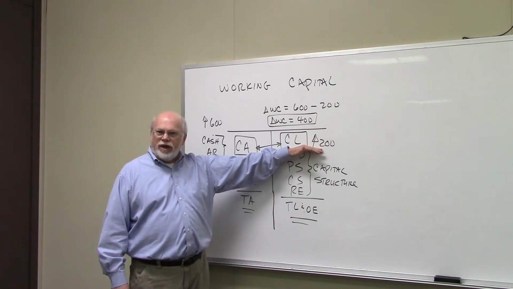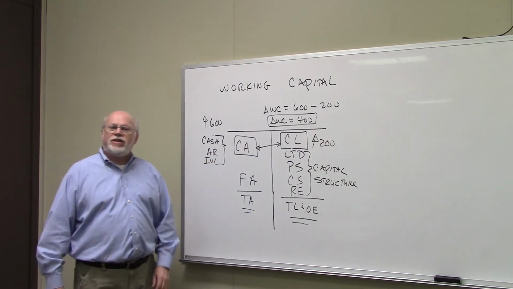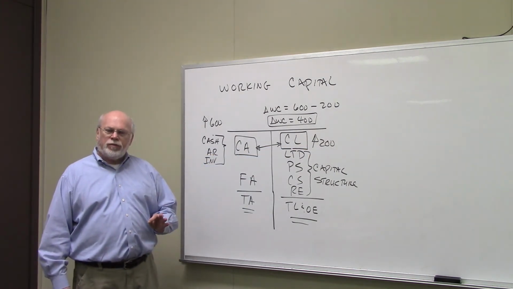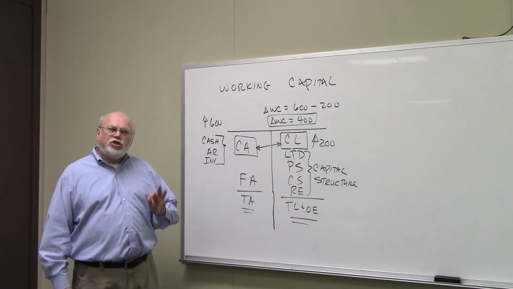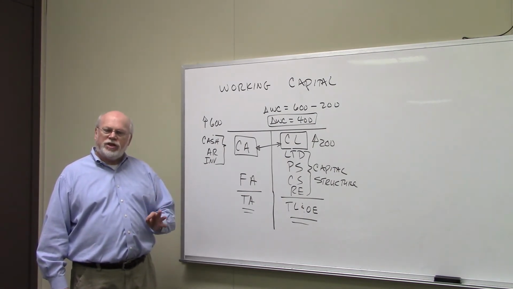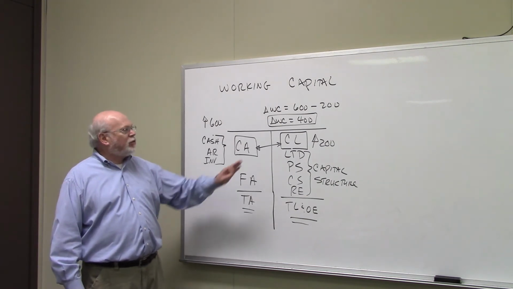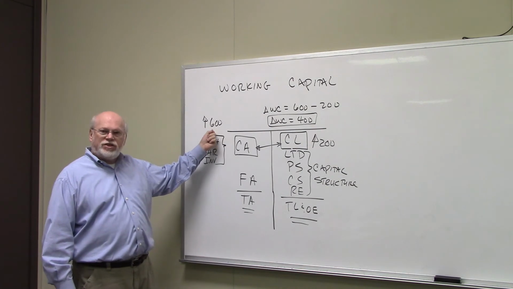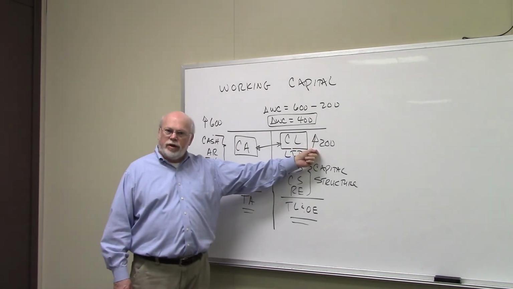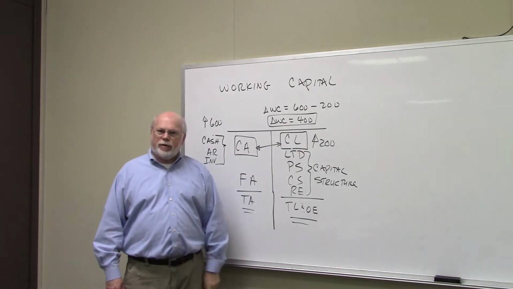They don't usually do that. So if it only went up $200, we would have to calculate the change in working capital. It's the change in working capital, that term, that you commonly see in capital budgeting. And in this case, the change in working capital is going to be $400, the difference between this $600 and this $200.